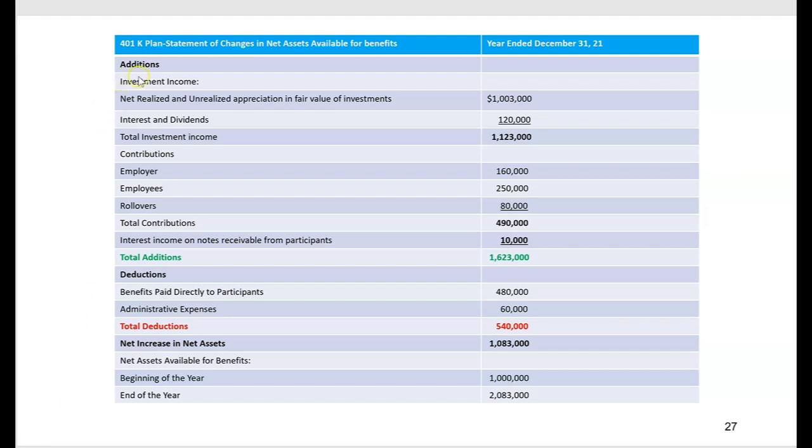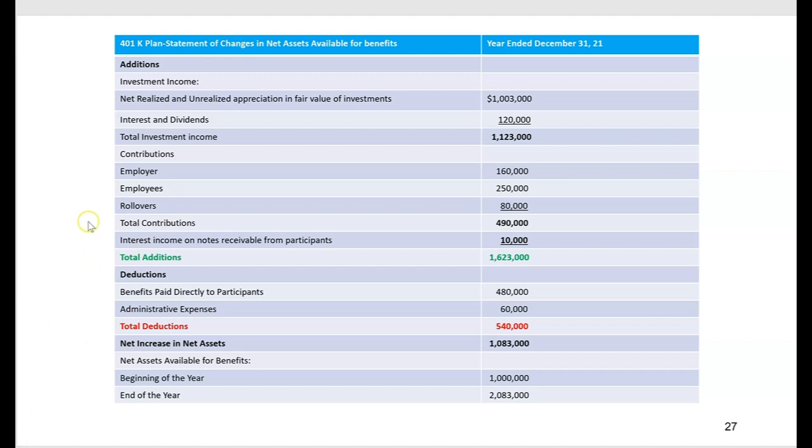What's the biggest addition? Hopefully it's realized and unrealized appreciation in the fair value of investments, because you had a good return year, either in the stock market, the bond market, real estate, whatever the assets are invested in. Then you have interest and dividends, and then you have things like contributions: employer contributions, employee contributions, rollover contributions from other plans.